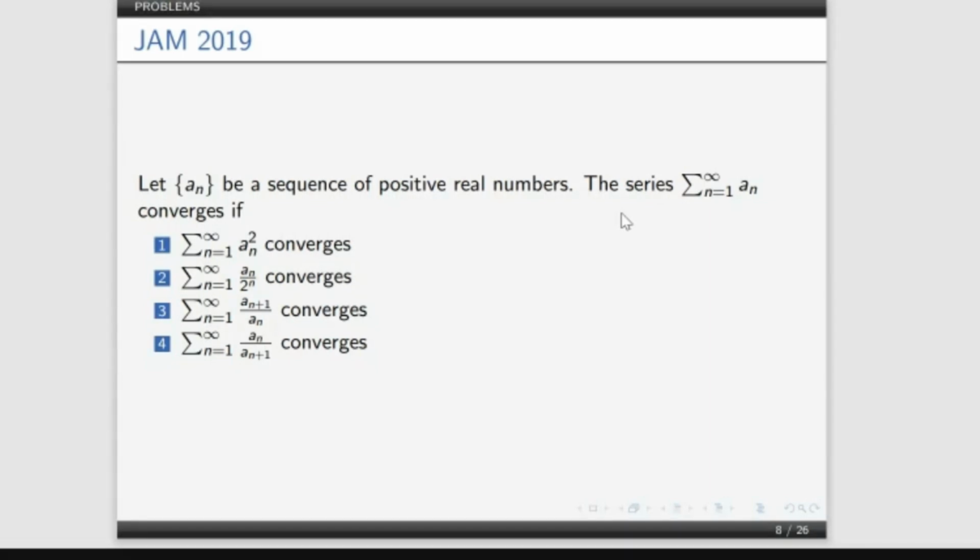Option 4. Okay. Any other answers? Ma'am, option 3. Option 3. Okay.